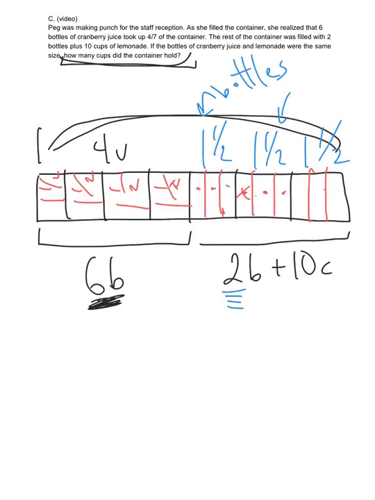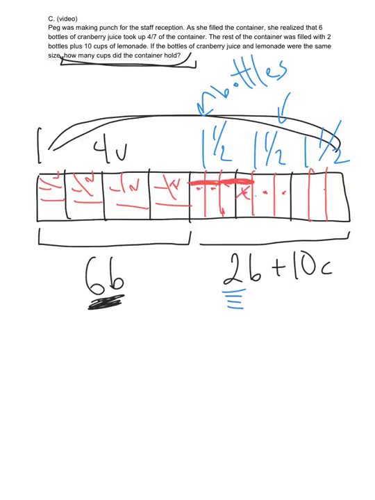And here's a half. This is one bottle right here. Then that would mean that this is 2 bottles. Right? A half and a half is 1 bottle. A half and a half is 2 bottles.